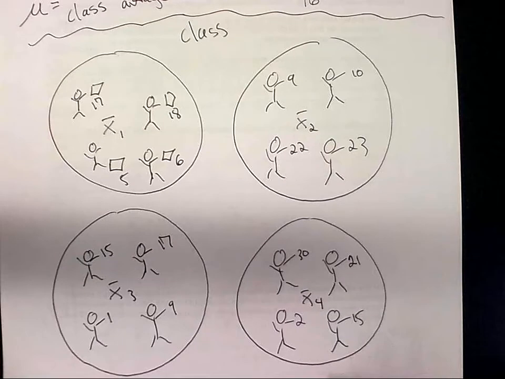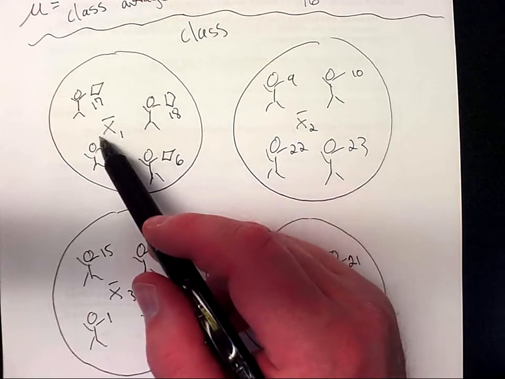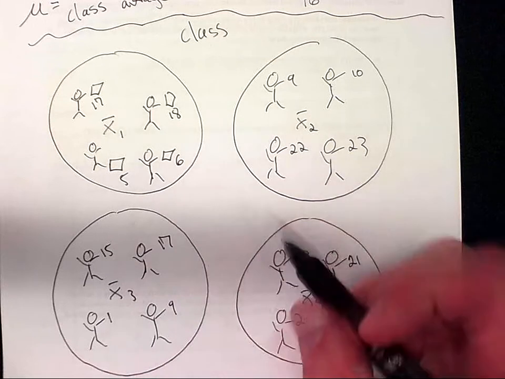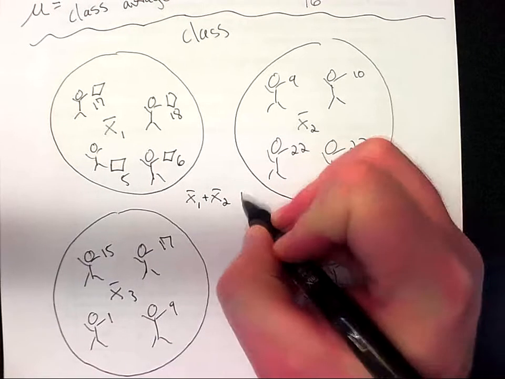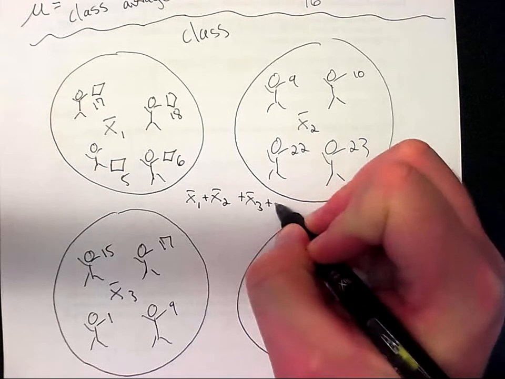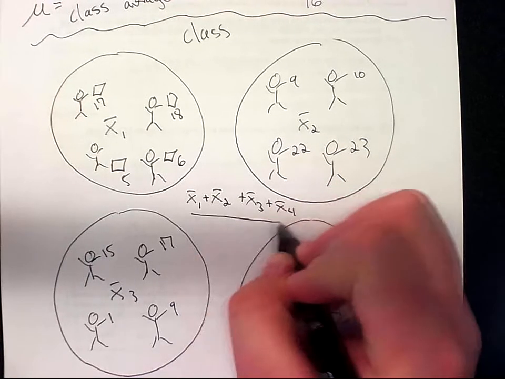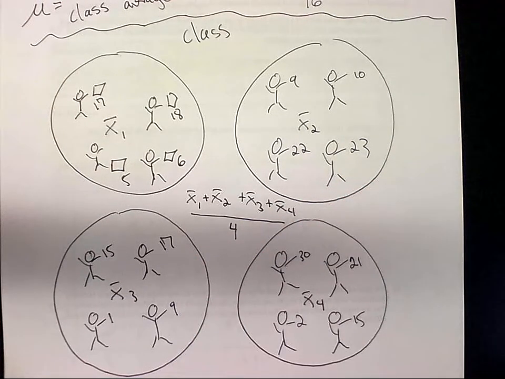Well, now if we want to figure out the average of our sample averages, just like I had on the previous page, we would have this right here. We're going to take all of the group averages and divide by the number 4, right?